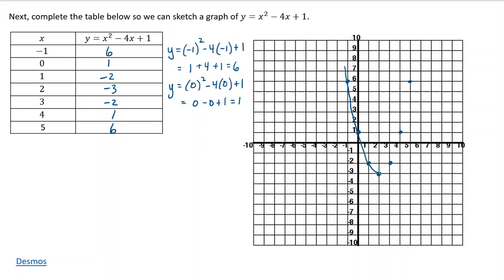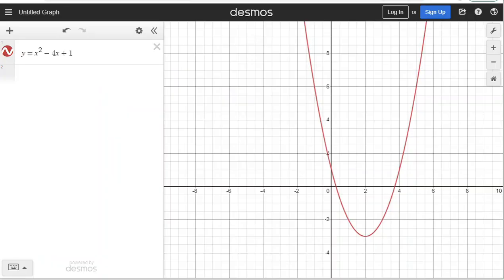I'll go ahead and sketch in. And let's go ahead and verify our work there using technology. And this is the Desmos graph of that equation, which looks a lot like what we came up with.